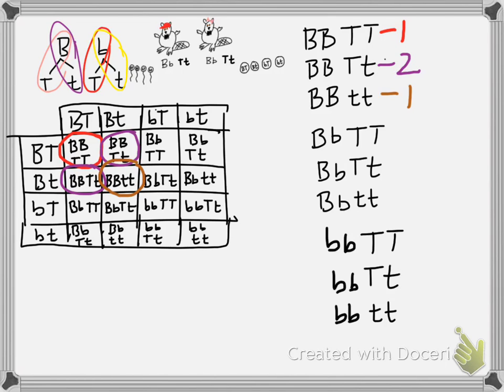I see big B little b, big T big T. I see 2 of those. Big B little b, big T little t, heterozygous on both traits: 1, 2, 3, 4. Heterozygous for eye color, homozygous recessive for tail length. I see, whoops, let me do that in another color, 1, 2.